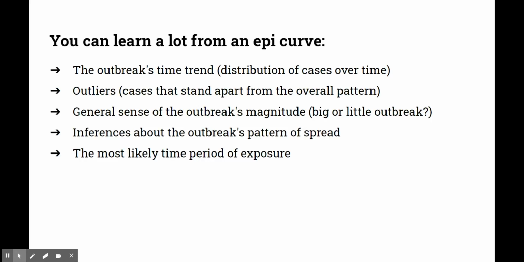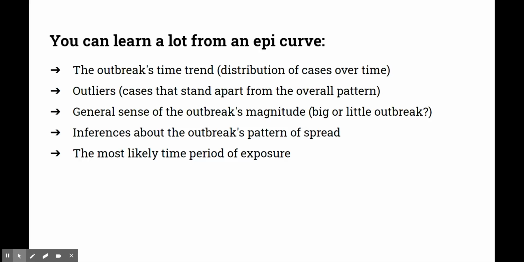You can look at how the disease is changing over time. Is it increasing? Is it decreasing? What's happening? Are there outliers? Can you look for weird spikes or weird differences when comparing epidemic curves with different locations? How big is the curve, right?